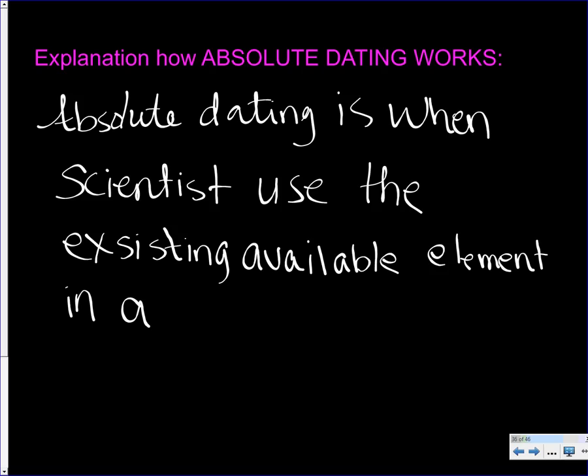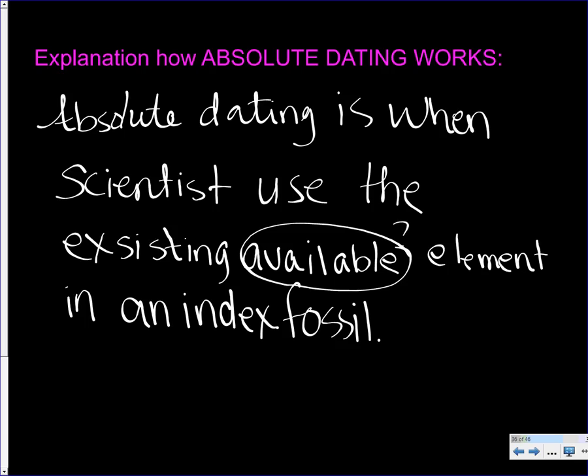What is the fossil that we have that helps us determine absolute dating? Index fossil. Does this truly explain it? Check the spelling on this. Absolute, I think that's right. Available. Yeah, that's right. All right. Absolute dating is when scientists use the existing available element in an index fossil.